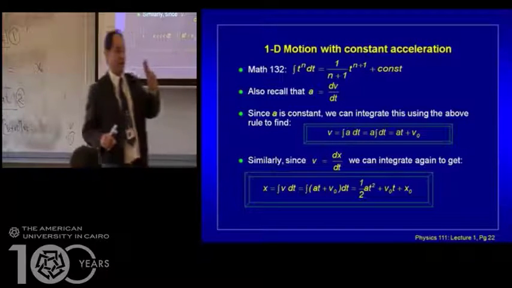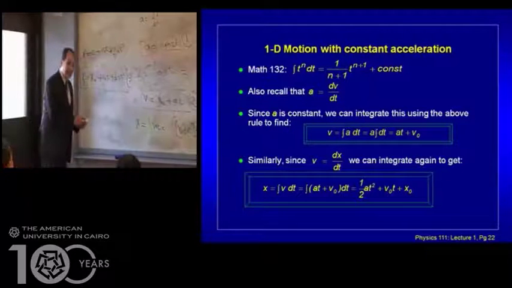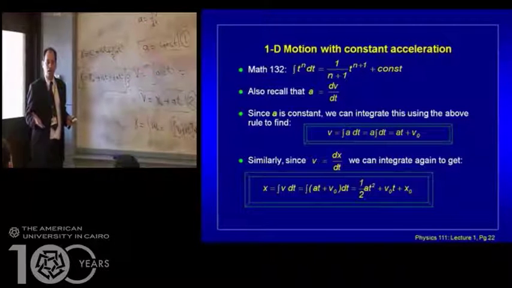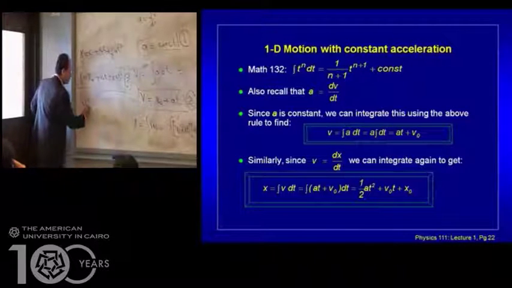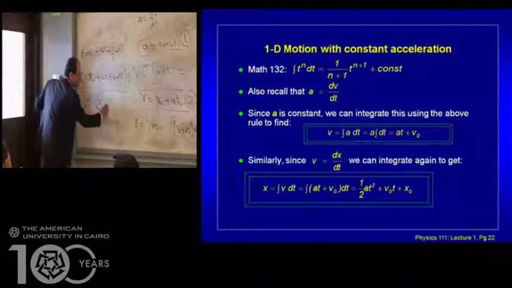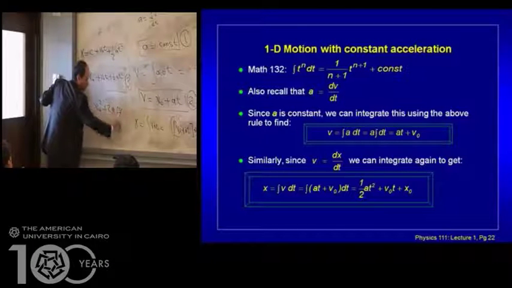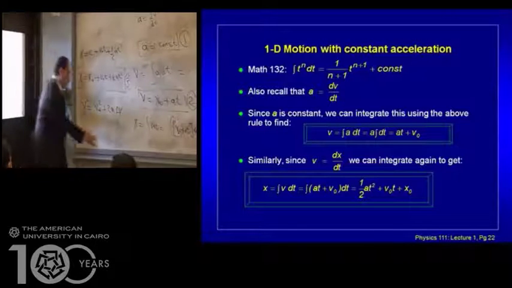There is another kinematic equation that I believe you can find. Of course I memorize it because I have been teaching that course for so long, but you do not memorize it, guys. It says v squared equals v0 squared plus 2a times delta x, x minus x0.